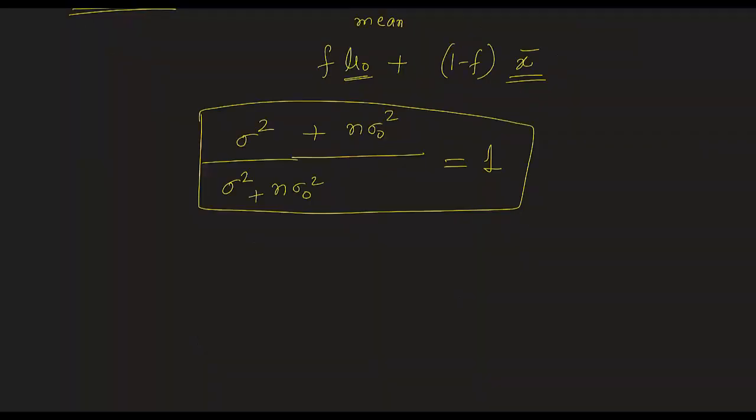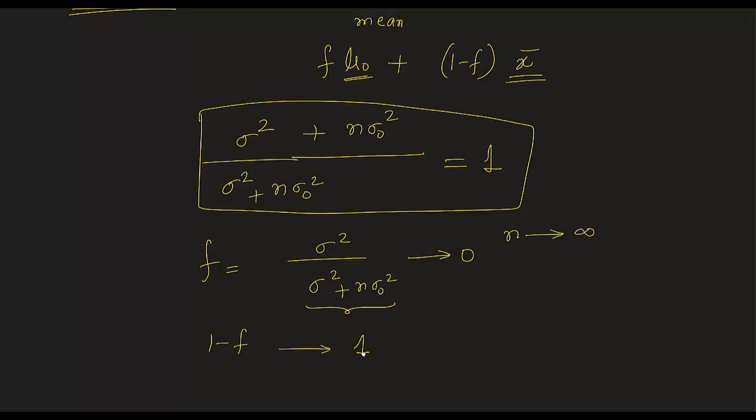One important consideration is this fraction f, which is equal to sigma square divided by sigma square plus n sigma naught square. Now let's say my data is very large, that is n tends to infinity. In that case, this denominator will tend to infinity. This means my fraction f will tend to 0, or 1 minus f will tend to 1.